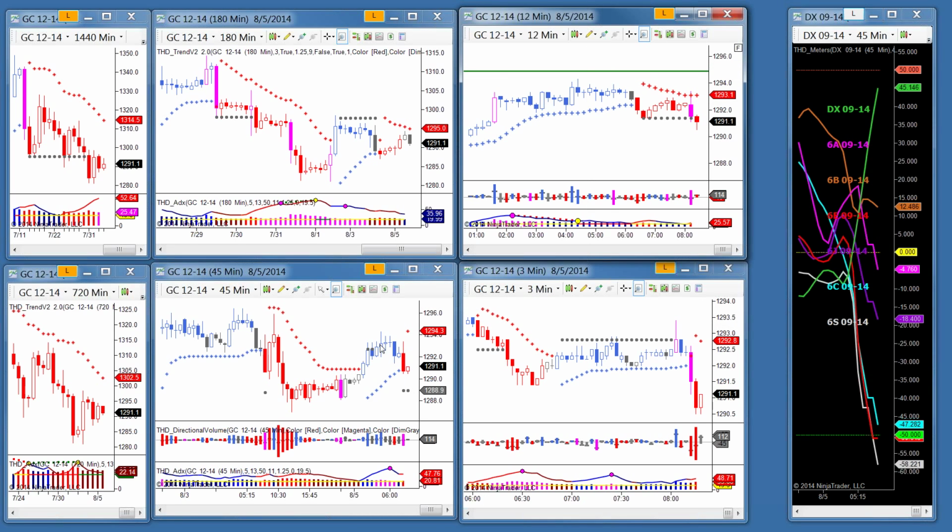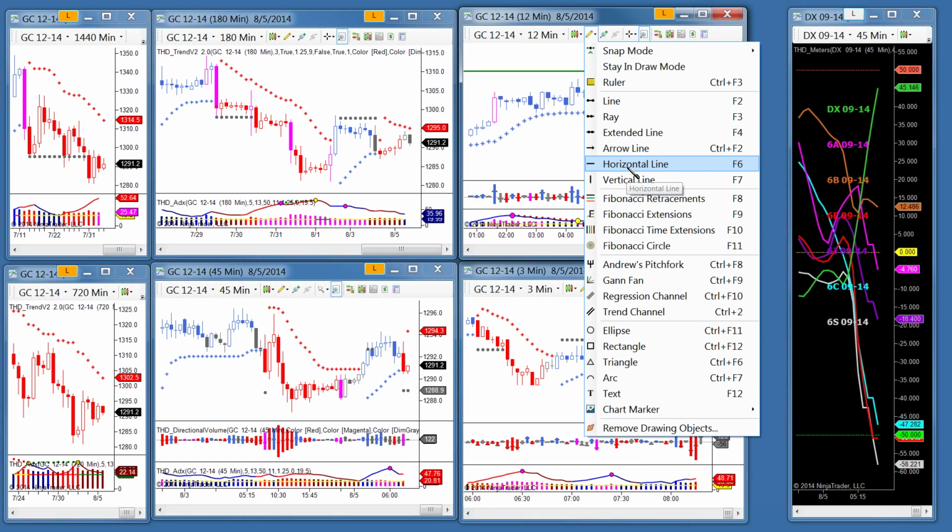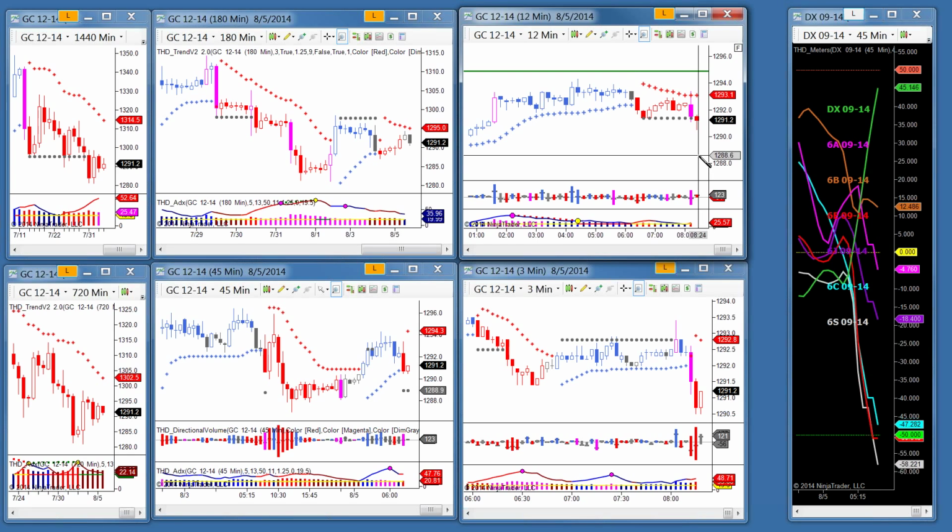We flip the ATR over here on the 45-minute. We have a congestion dot at 1288.9. So as it stands right now, there's nothing in the way of price going down to 1288.9.